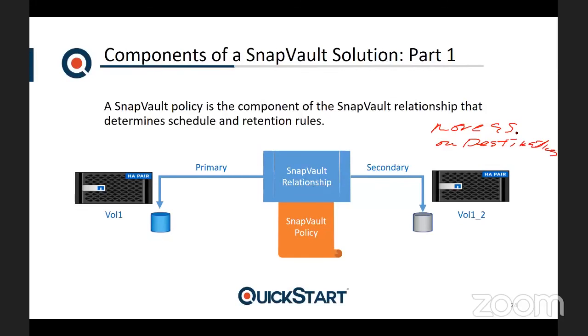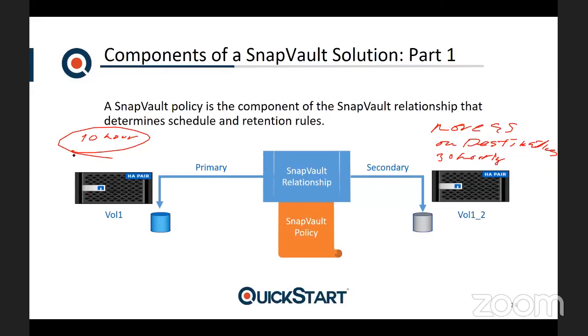Because SnapVault is all about archiving. So I might have 10 hourly snapshots that I create for my source, but on my destination, maybe I want to have 30 hourly.